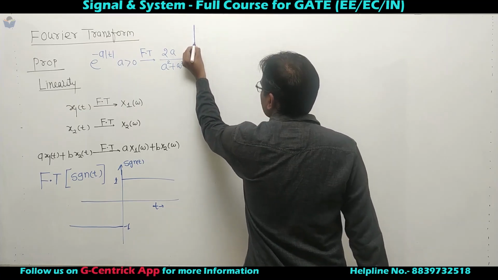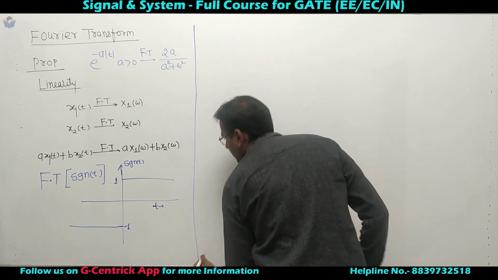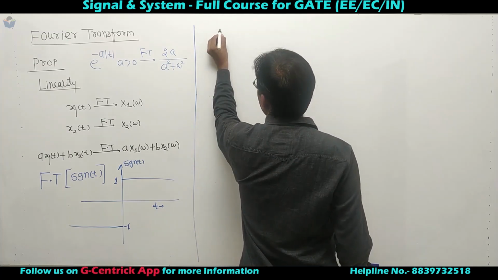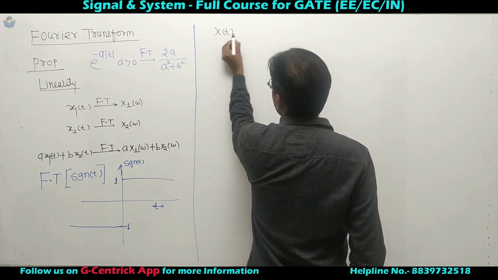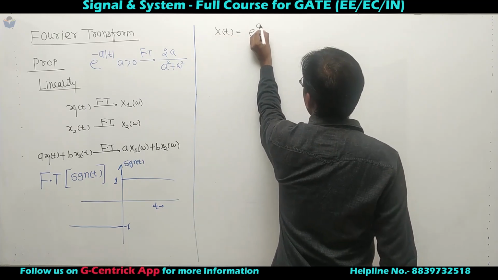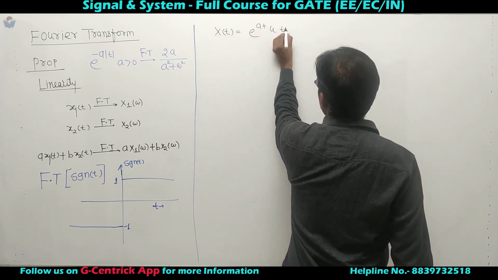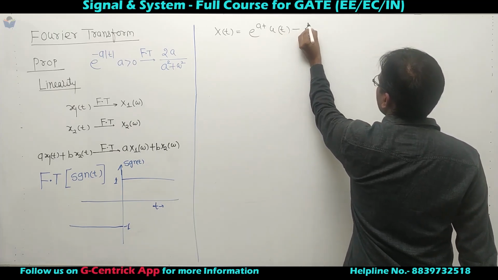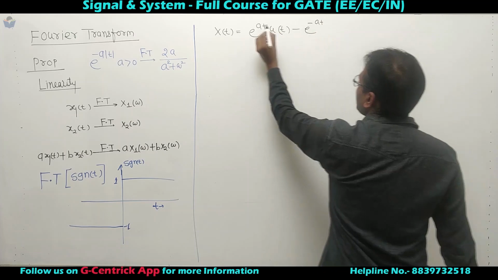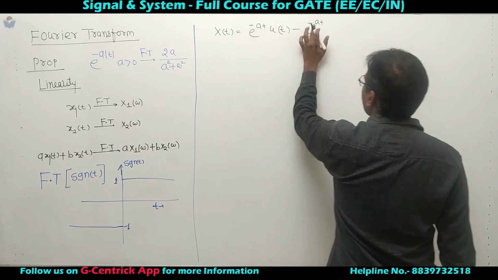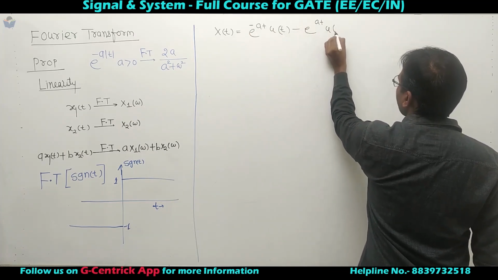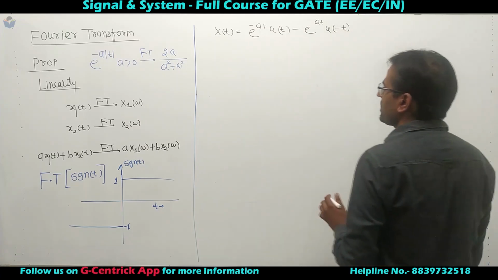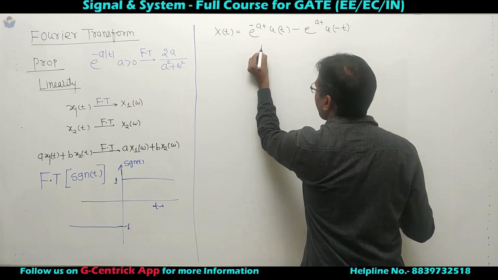Let me say that x of t is, suppose I am interested in x of t being e to the power at into u of t minus e to the power minus at u of t, and e to the power at u of minus t. Let's say I want the Fourier transform of this function. So I can draw this function.